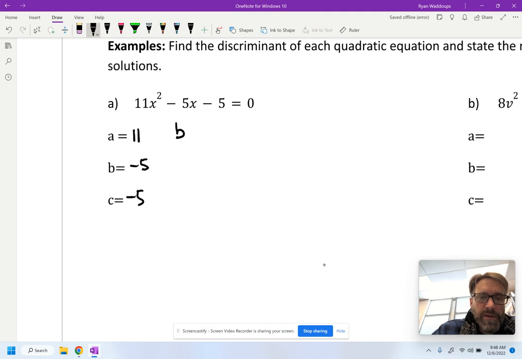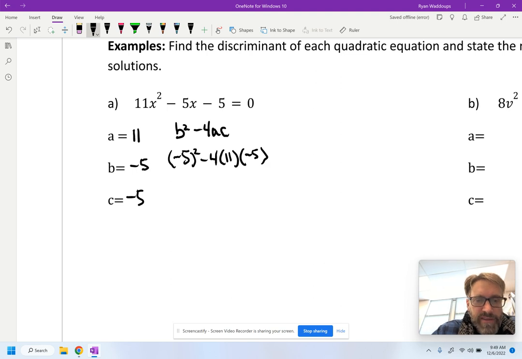And so we write out b squared minus 4ac, and b is negative 5 squared, minus 4 times a, which is 11, times c, which is negative 5. And then you can plug this into your calculator and get the value. If you're struggling with order of operations and the signs of these operations, I would recommend you just put that in your calculator. But you can also evaluate it like we're going to do here.